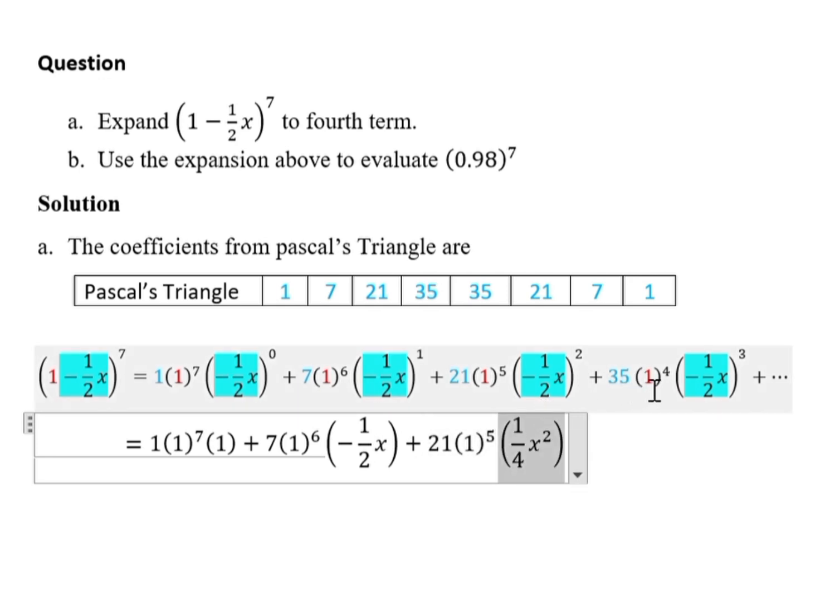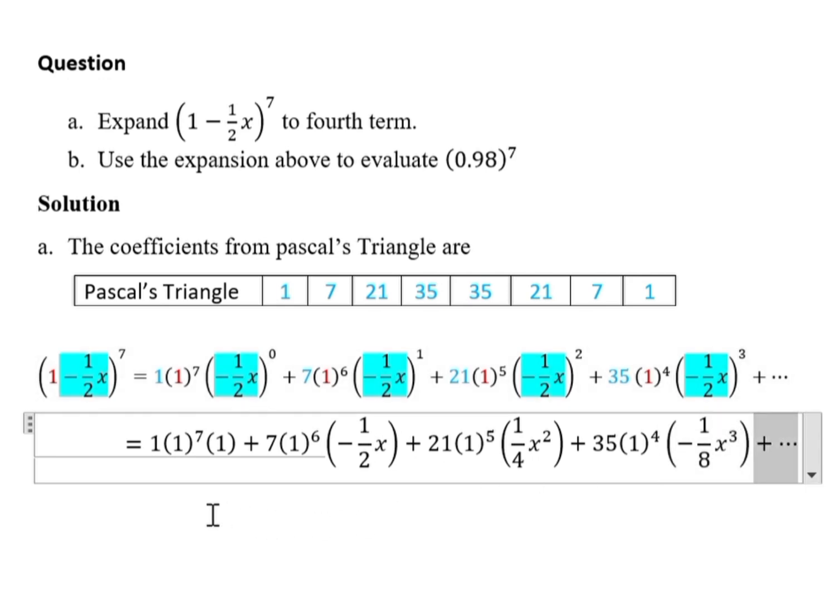Then 35 into 1 raised to power 4. Negative half cubed means negative half times negative half times negative half, and that gives us negative 1 over 8, and then x times x times x gives us x cubed, plus dashes, like that. The next thing now is to simplify this one further.